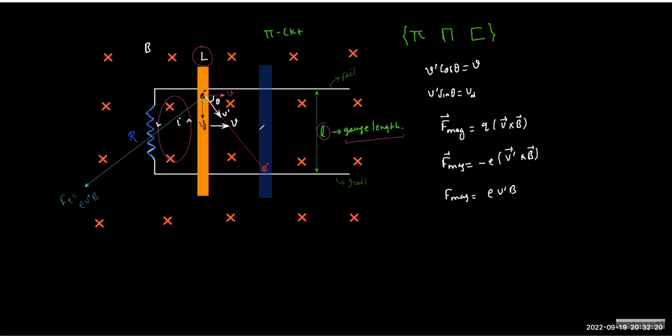So the total work done by the magnetic field on the charge is 0. So the magnetic field cannot do work. Then the question is, who is doing the work?